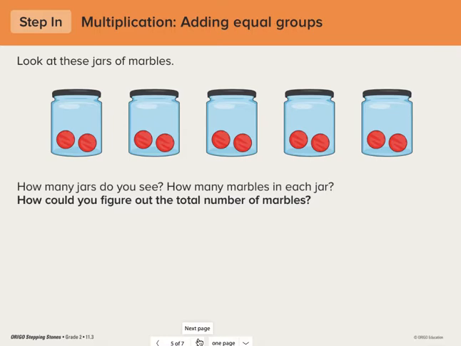How could you figure out the total number of marbles? Well, now we have talked so much about not needing to count by ones, right? We know we don't want to count each marble by one. Instead of doing that, what could we do?